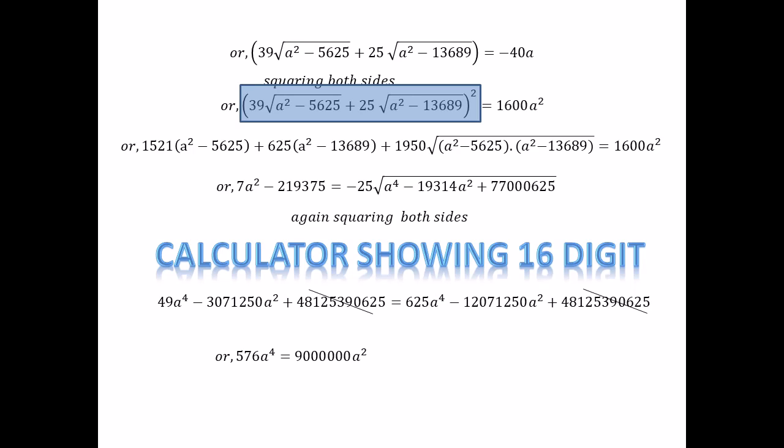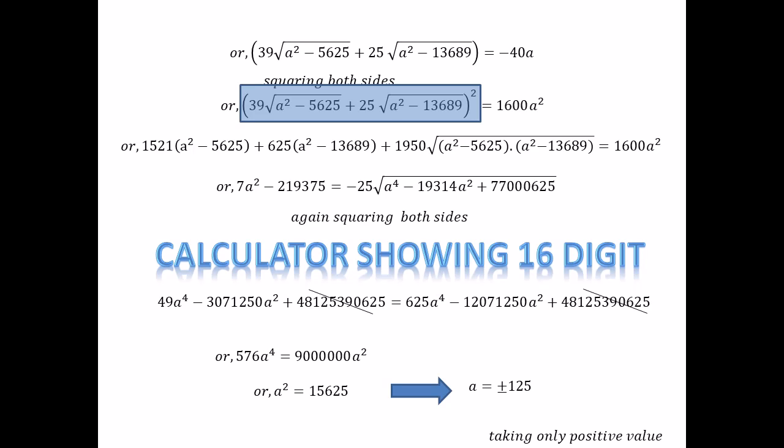Simplifying, we get 576 a power 4 is equal to 9,900,000 a square, and simplifying we get a square is equal to 15625, and taking the square root we get a is equal to plus or minus 125.